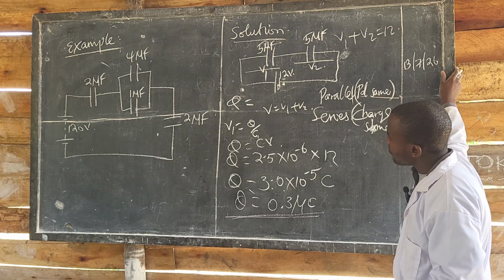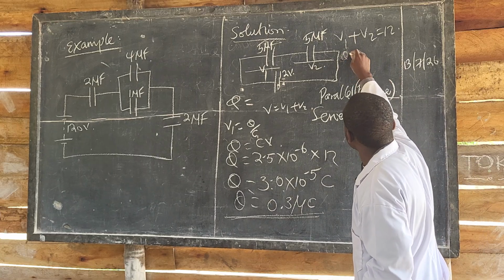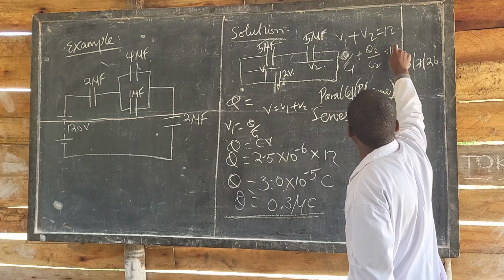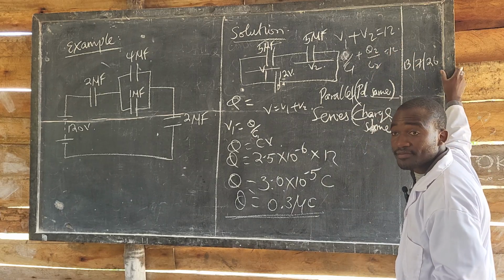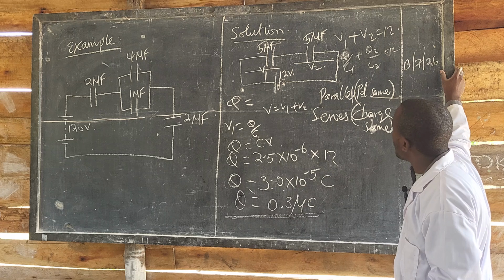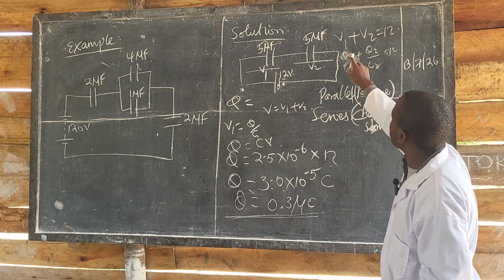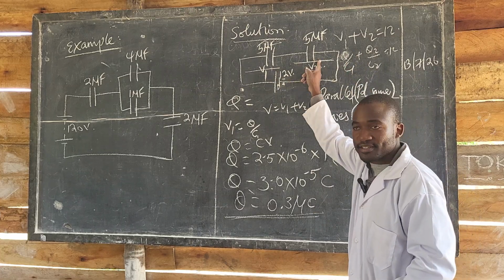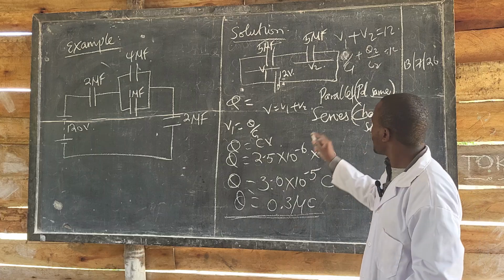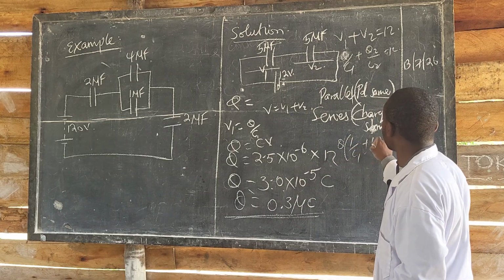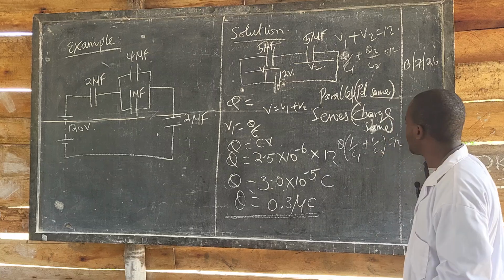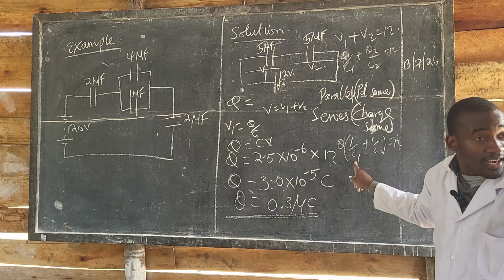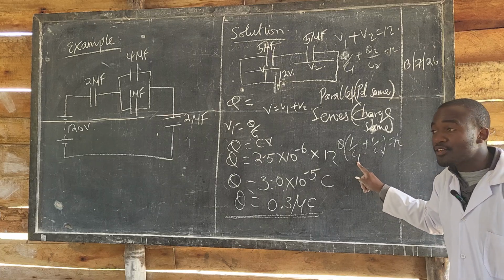Q over C, right? So Q1 over C1 plus Q2 over C2 will be 12, right? This Q must be the same because they are in series. So we shall have Q times 1 over C1 plus 1 over C2 equals 12, right? Are we together? Who is saying no?